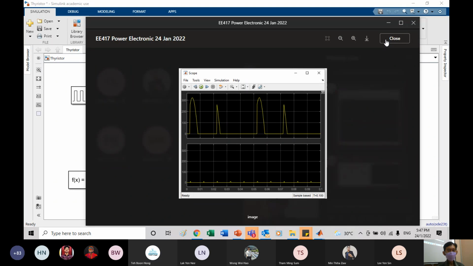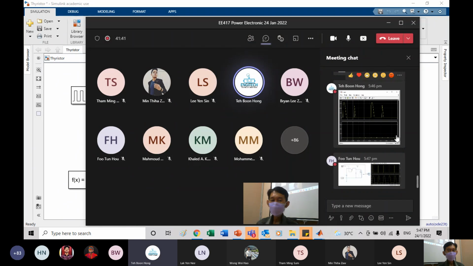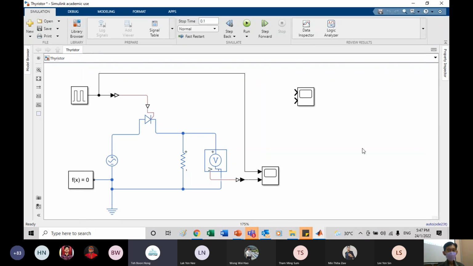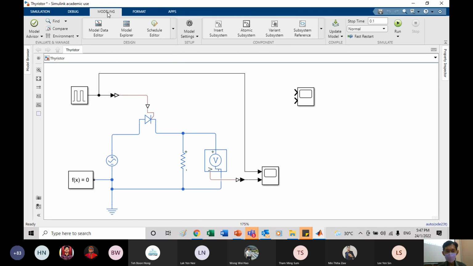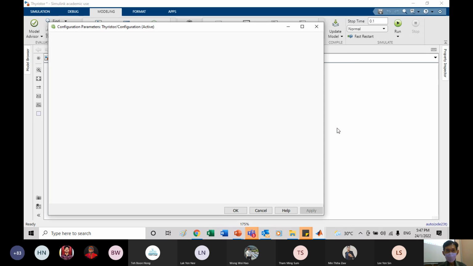Oh, most probably it is your solver. Solver. Okay, because when you run Simulink, it could be your solver. You try to go to this modeling, because you use automatic. Sometimes Simulink is not so clever to select the correct solver, so that your output will run very funny.